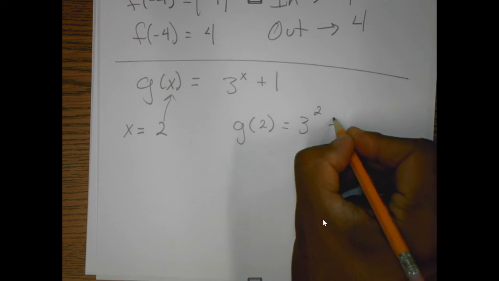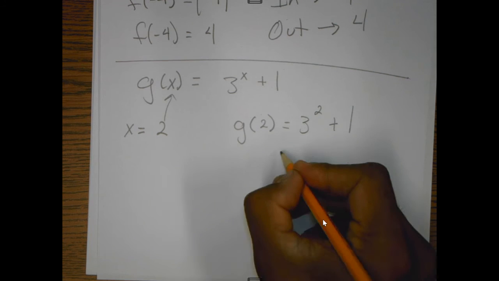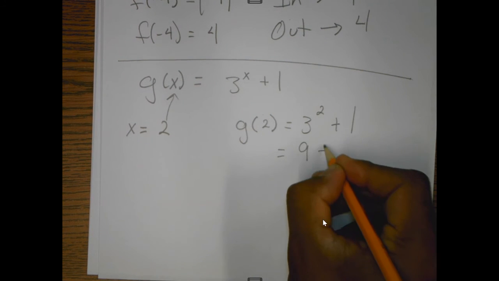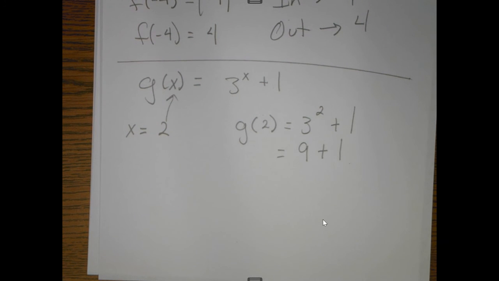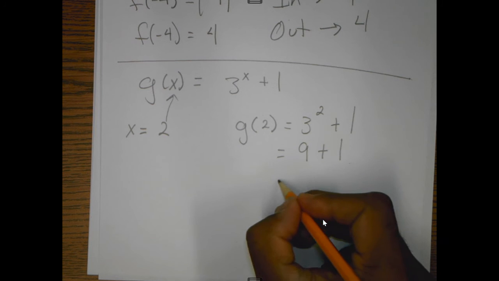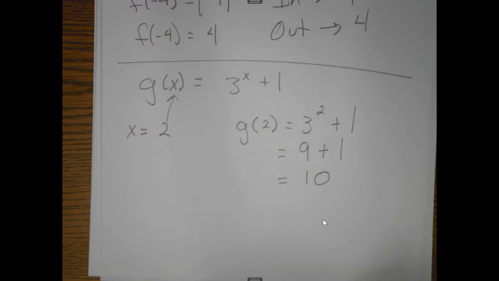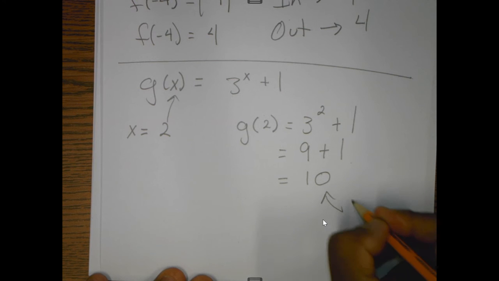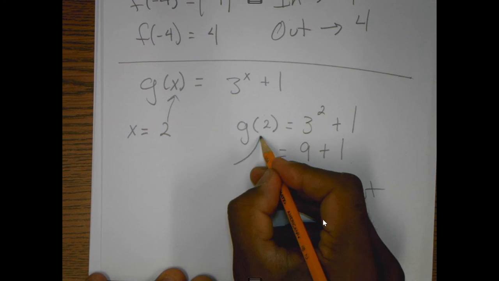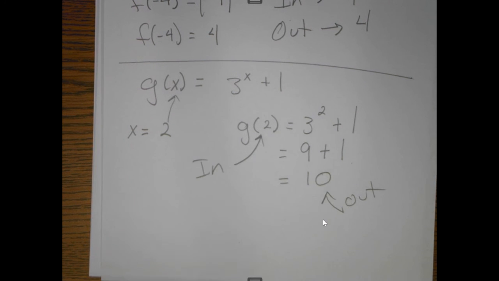Now I have to follow order of operations, which tells me exponents first. And then I get 10. So this was my out, and 2 was my in. Inputs and outputs.